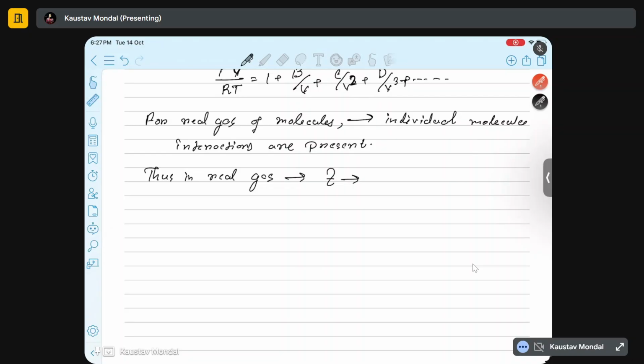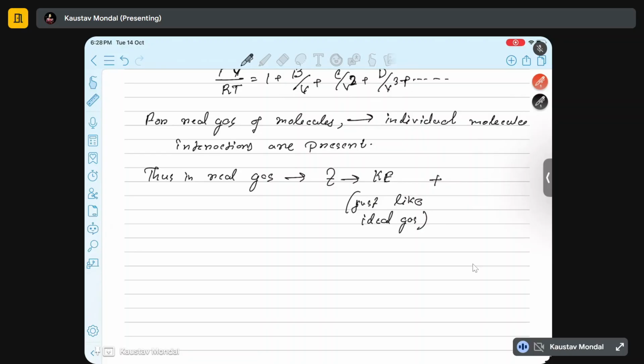One arises due to the kinetic energy. That's similar, just like ideal gas. This term would be similar. And apart from that kinetic energy, there is also a potential energy.